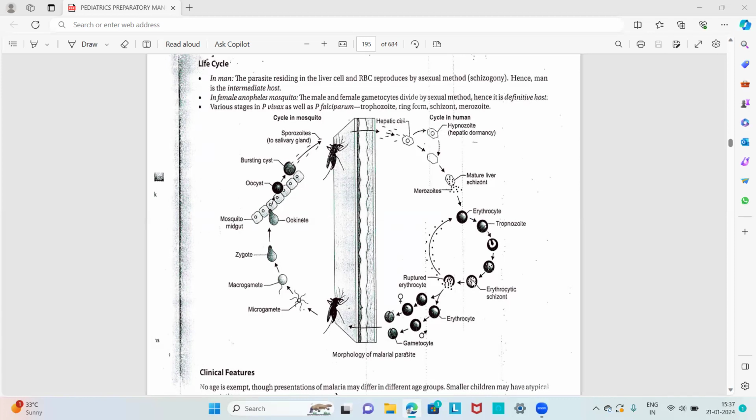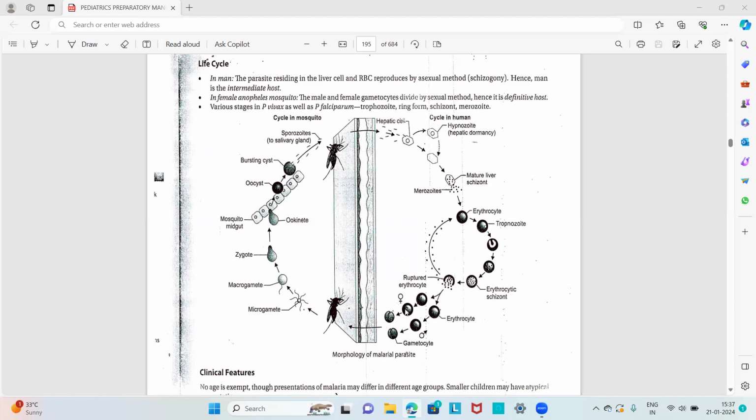Finally, the erythrocyte schizont is produced, and because of this, the erythrocyte ruptures, and the merozoites are released into the circulation, which also releases the gametocytes into the blood.